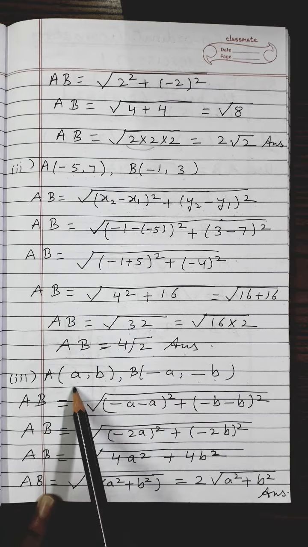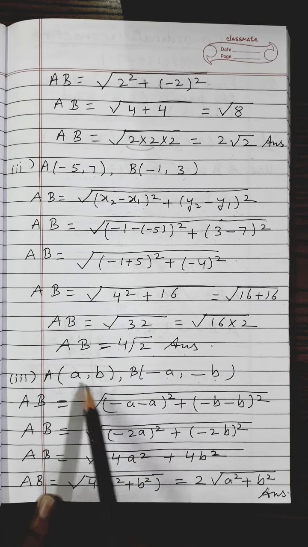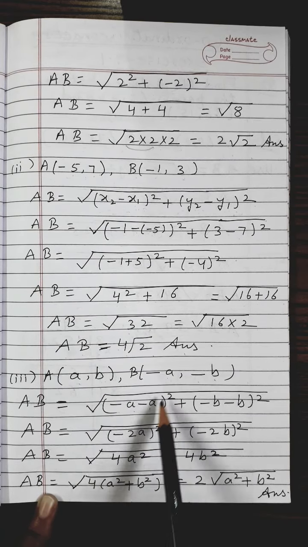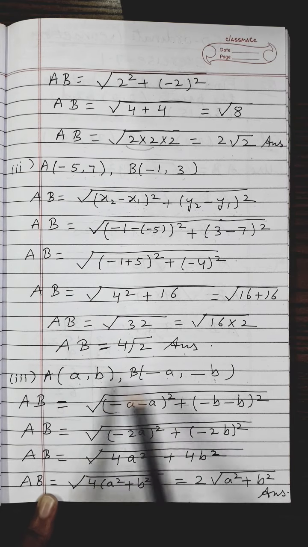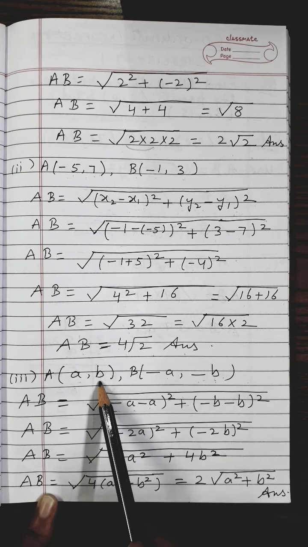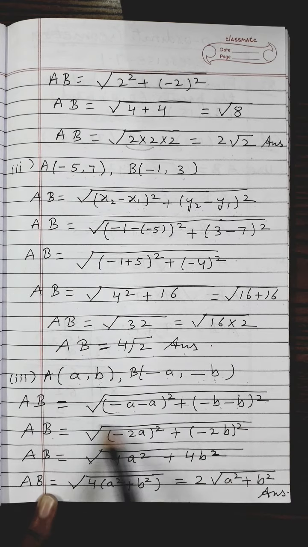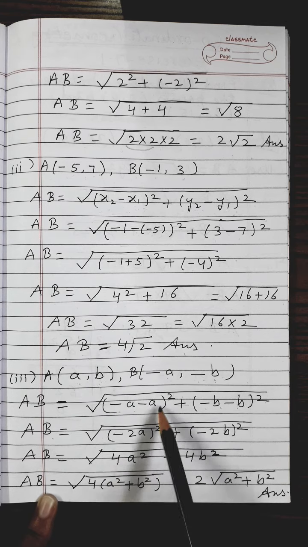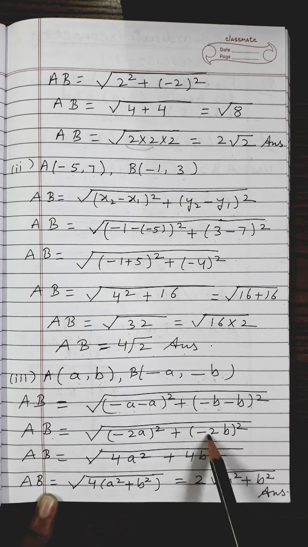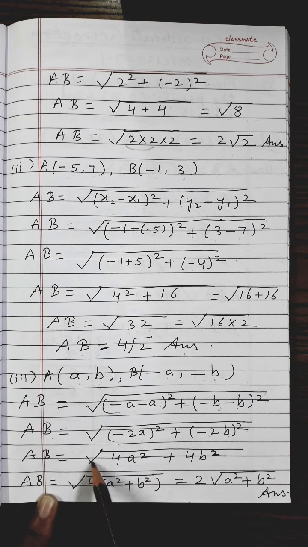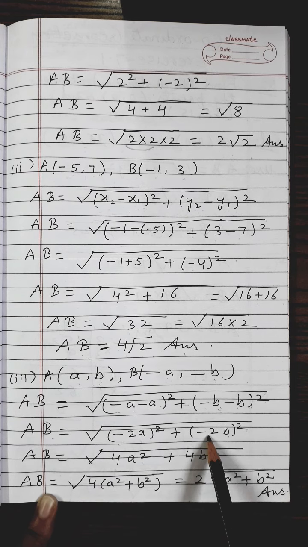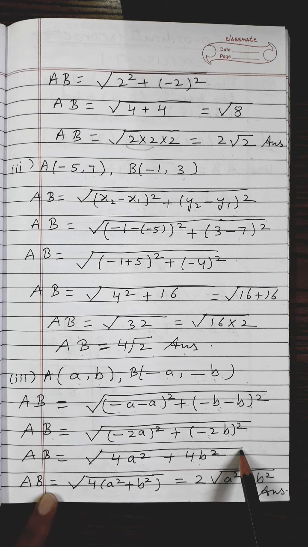So x2 minus x1 will become minus a minus a, so bracket (minus 2a) whole square, plus y2 minus y1 means minus b minus b, so (minus 2b) whole square. Next step, (minus 2a) whole square will give you 4a square, (minus 2b) whole square will give you 4b square, and this is under the square root.